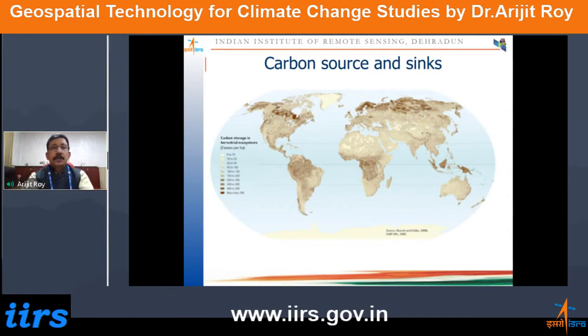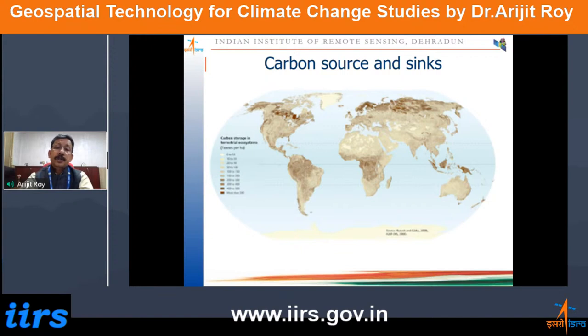Another aspect which influences the climate change is the carbon, its source and its sink, and the distribution of the carbon across the world. When we see it, you can see most of the carbon is actually stored in the temperate region, because this is the region where you have very less decomposition, and most of the carbon which is fixed goes into the soil as peat and is stored there for centuries together.